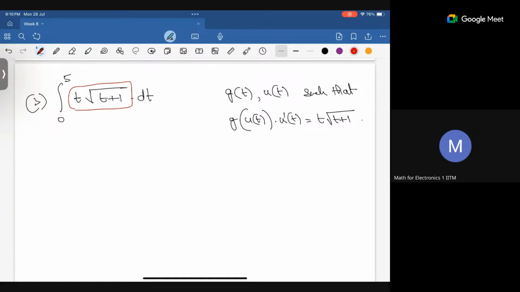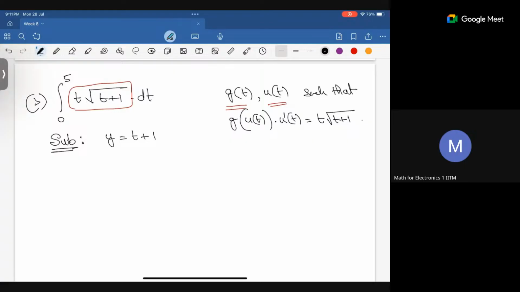But usually when we do problems, we will not go behind this g of t or u of t. What we do is think about what kind of function I can replace with another variable, so that I'll have some nice, very well-known functions. So here in this problem, if you carefully observe, if I substitute some y to be t plus 1.